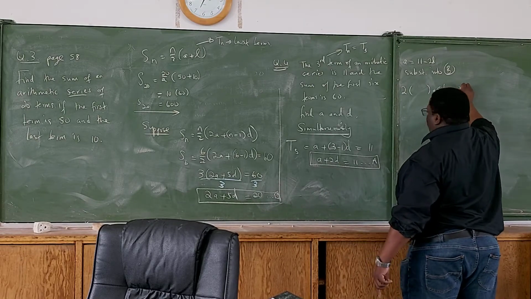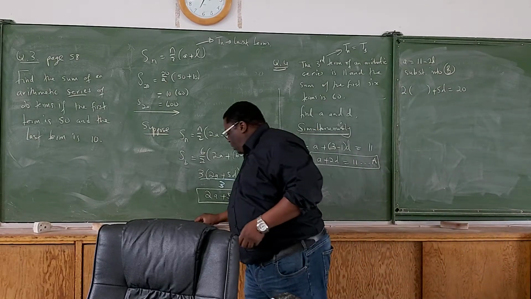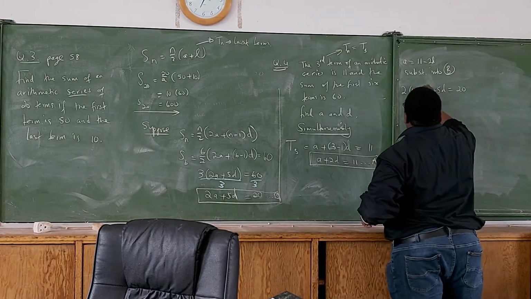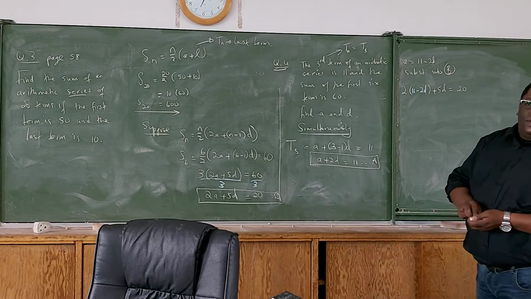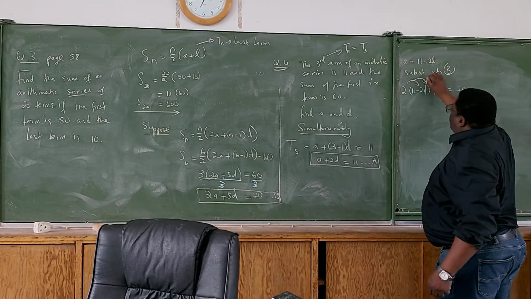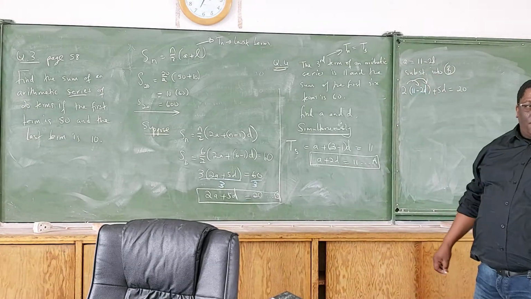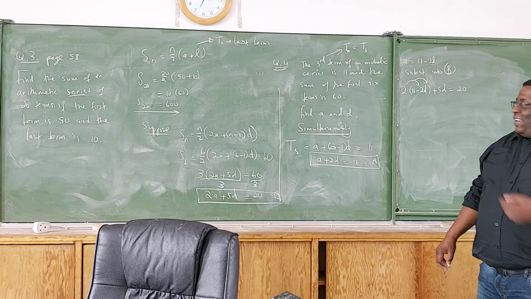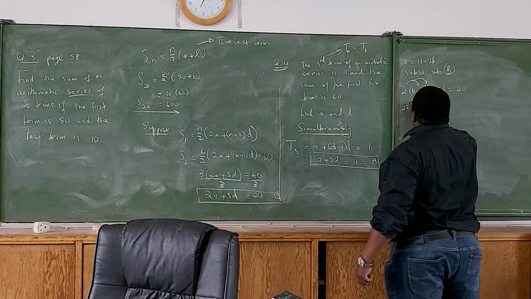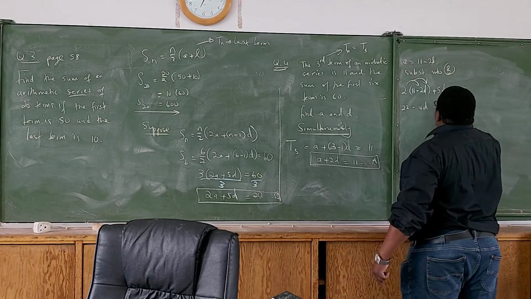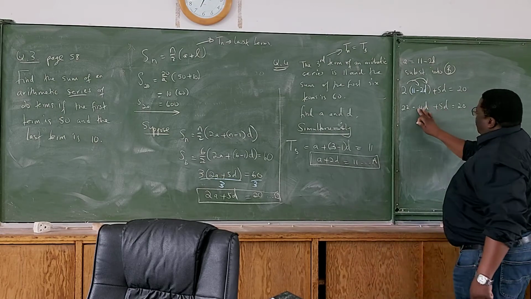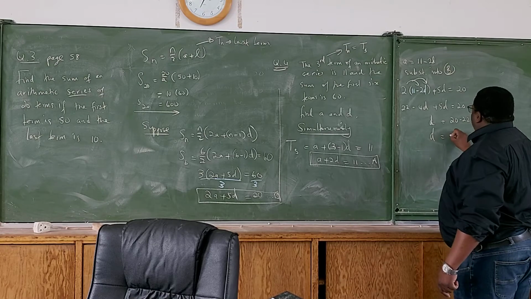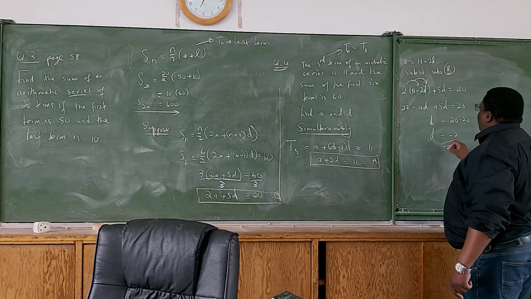So A equals 11 minus 2D, and 5D equals 20. You can go ahead and use any other method. Do you guys still remember how to solve this using matrices? So 22 minus 4D plus 5D equals 20. 5D minus 4D just gives us D. 20 minus 22, so D therefore is minus 2.